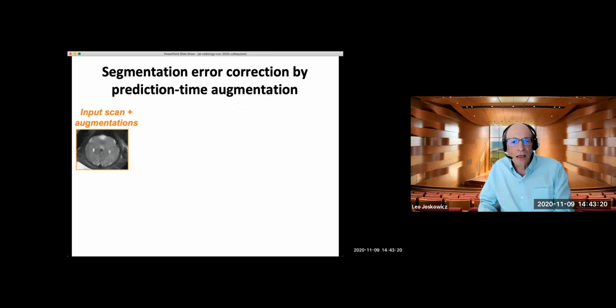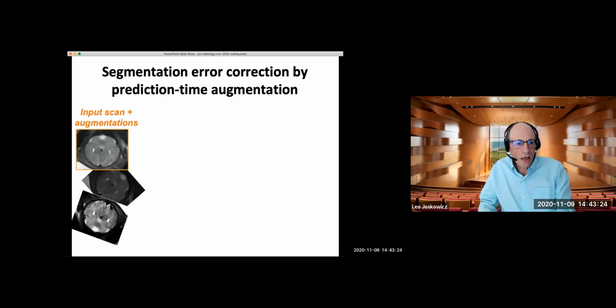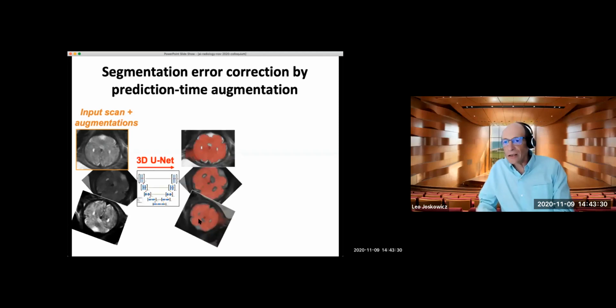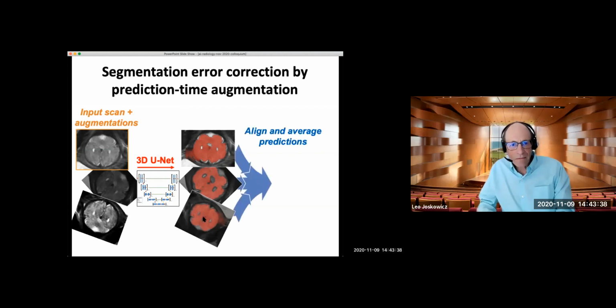You can use a common technique called prediction time augmentation. You basically take your image, generate a number of augmentations, and generate a number of segmentations. On purpose, you do intensity, shape, and location variations. And basically, you align them back and get, for example, an average prediction.